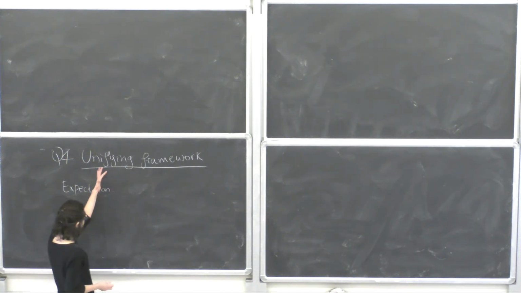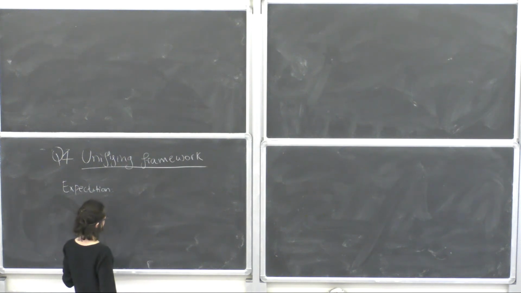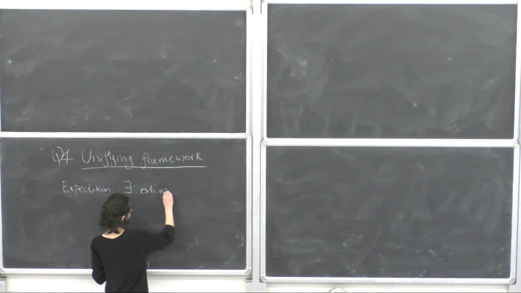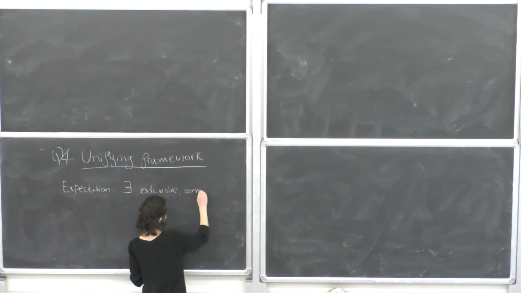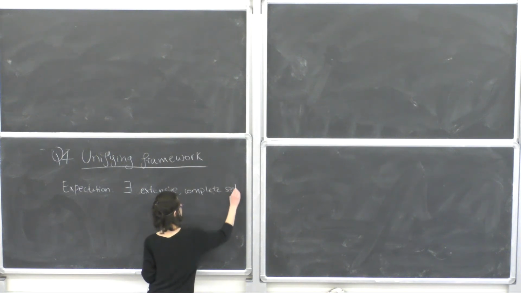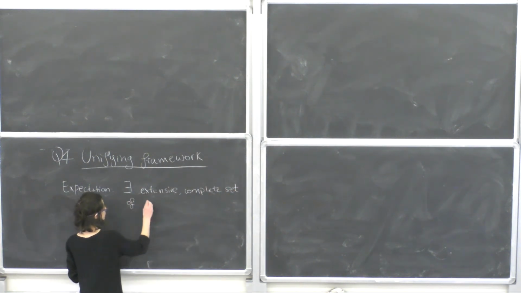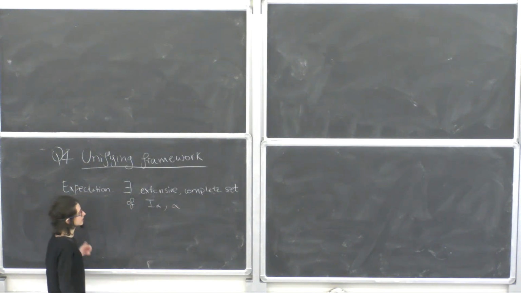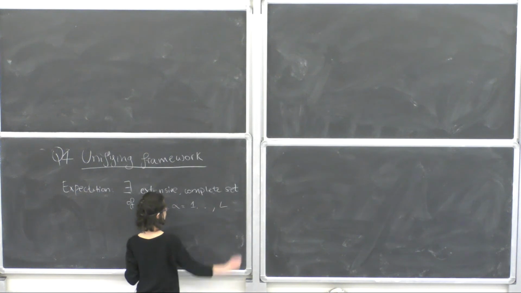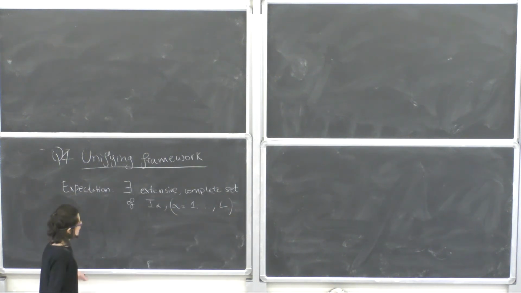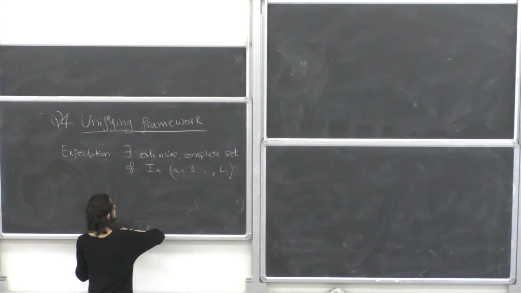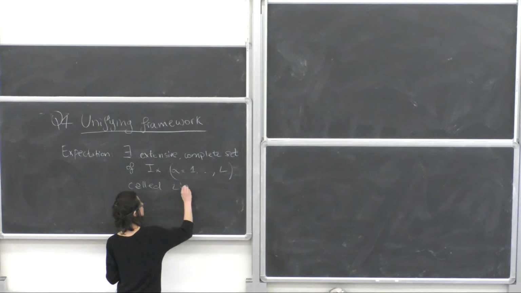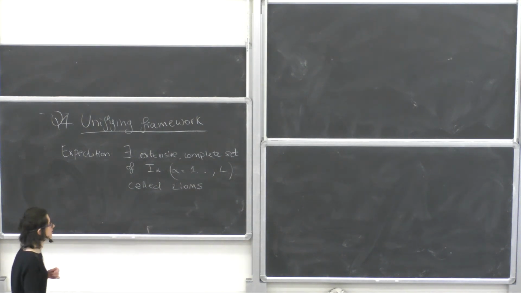You can expect that also in this MBL system you have such conserved quantities, so that there exists an extensive and complete set of operators that I call I alpha, where, for example in 1D, alpha goes from 1 to L. These are operators that in the literature people call LIOMs, which simply stands for local integrals of motion.